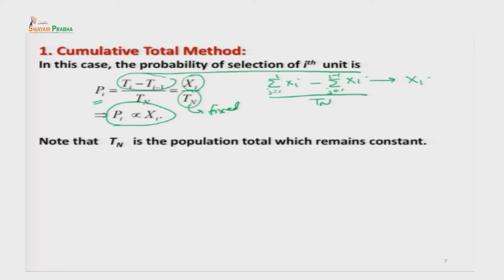Remember, capital Pi is the probability of selection of the unit, and xi is the size of the auxiliary variable which is being used to get the information on the size.